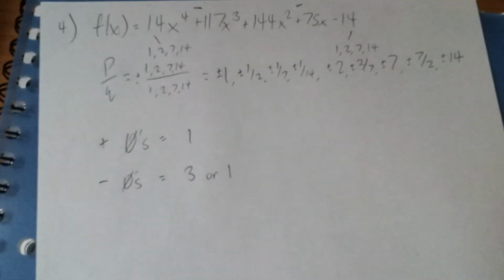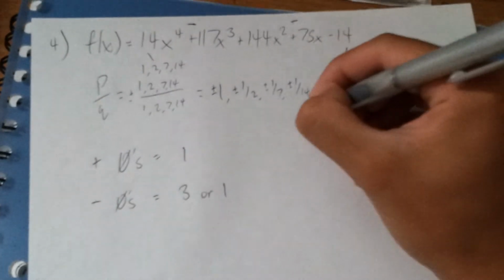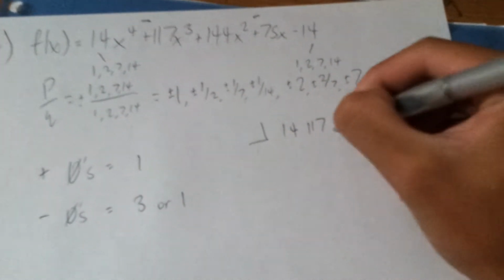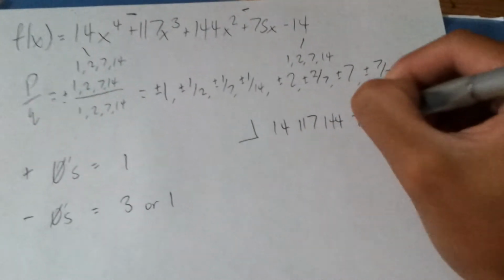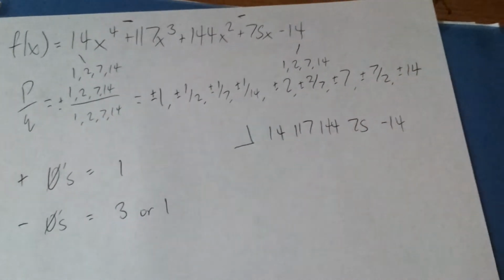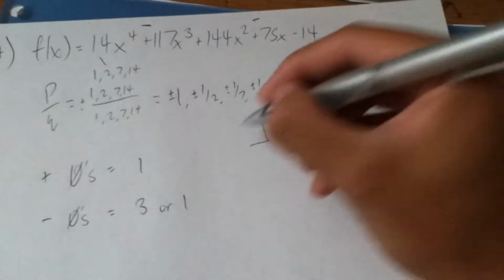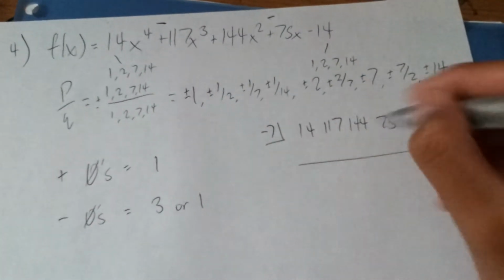Now we can begin synthetic division. So we write all the coefficients. And out here, let's try the number -7. See how that works.